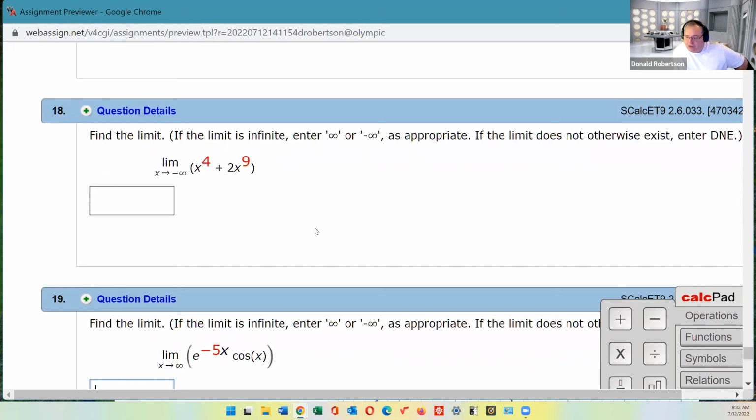How are you going to tackle 18? You're going to factor out x to the 4th. And once you do that, then you can take the limit, which is going to be negative infinity times 1 plus 2 to the 5th.